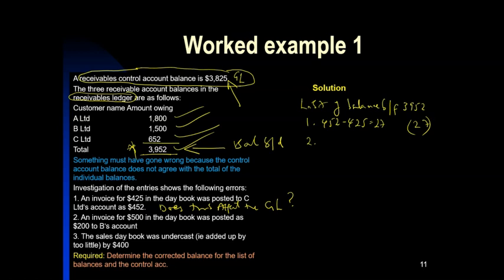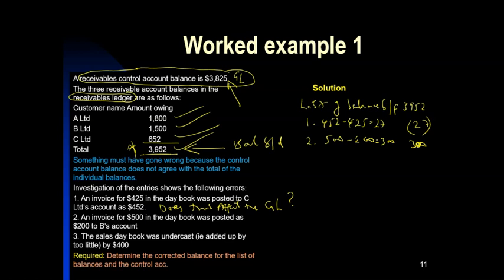So there was an under-invoicing issue here. So we do the same thing, 500 minus 200. This one again does not affect the GL. It's 300, but it is something to do with posting to memoranda accounts. So this 300 has to be added because we had undervalued this invoice.